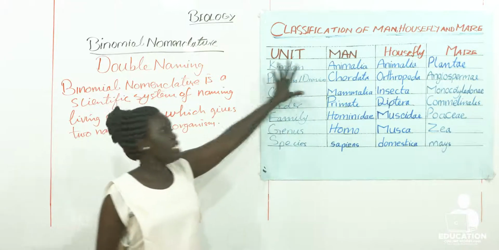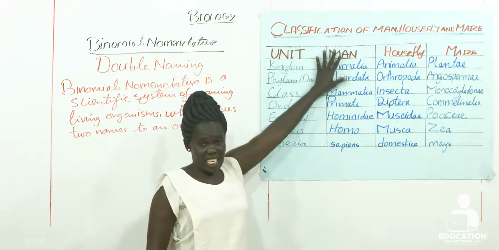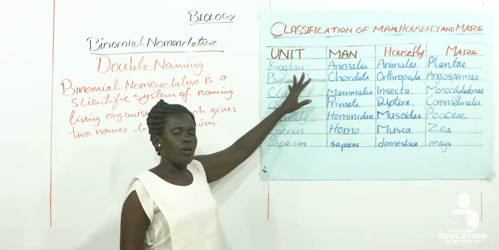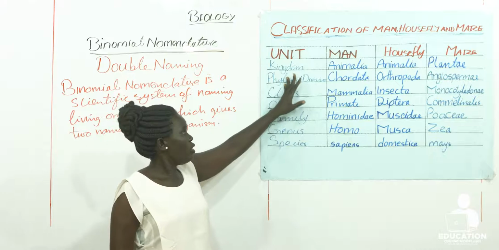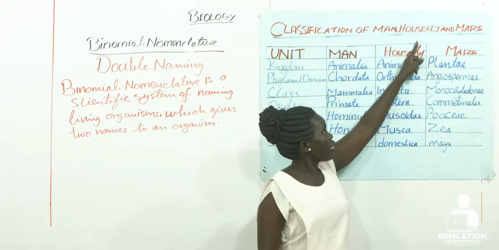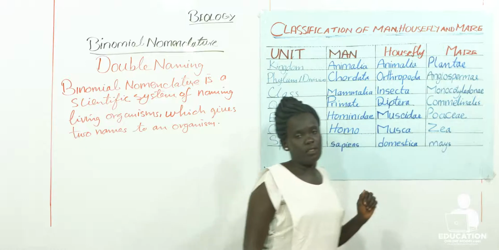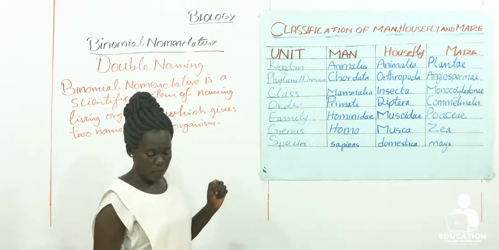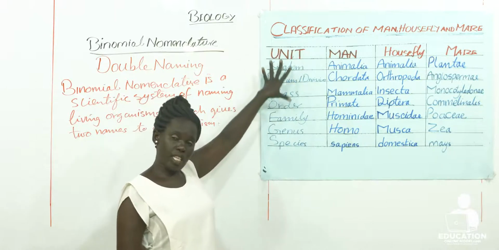That's why you can see this chart here with classification of some organisms: classification of man, housefly, and maize. So don't wonder at seeing classification there.